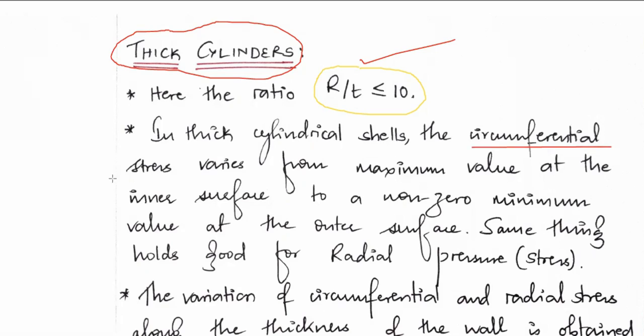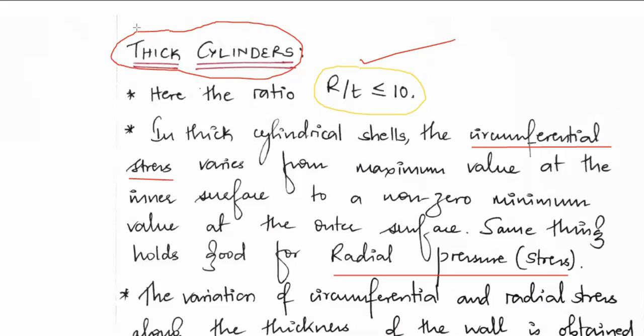First one is circumferential stress, and the second one is radial pressure or radial stress. These two mostly influence more when compared to the third one. Right? So first, let us try to understand how to calculate the circumferential stress and radial pressure in case of a fixed cylinder. Right?